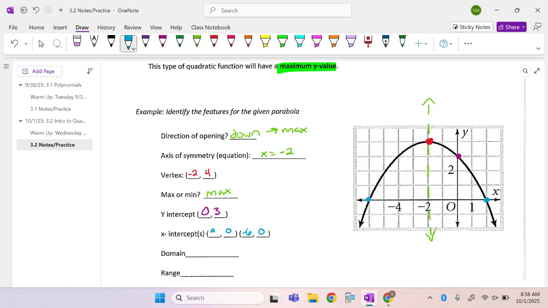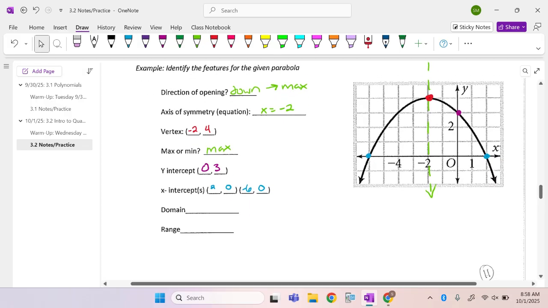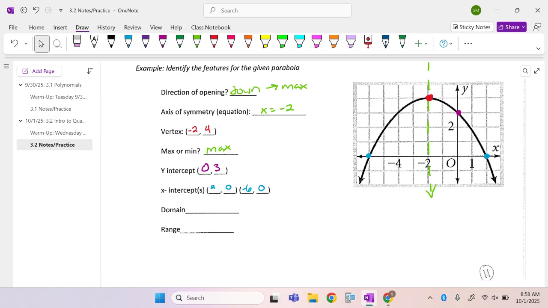Now, think about this carefully. What will my domain be, Lucas? So, what x values am I using? You go from lowest to highest. So, what's my lowest x value? Not -5 quite yet because we have these arrows on the end.